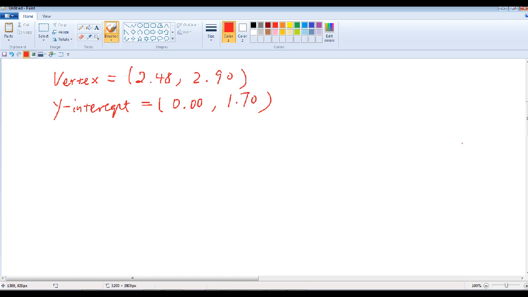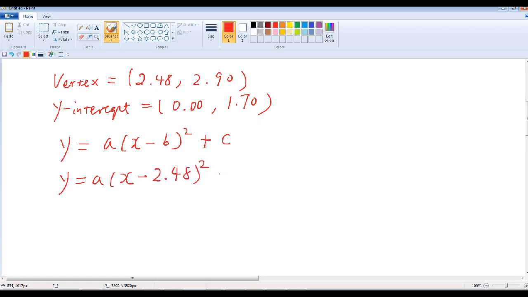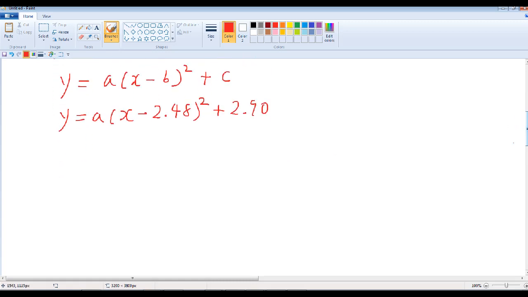Then you need to use the vertex form template. We all know that B and C are the values of the vertex. So you could write A equals X minus B. Which value should be B? It should be 2.48 squared plus 2.90.